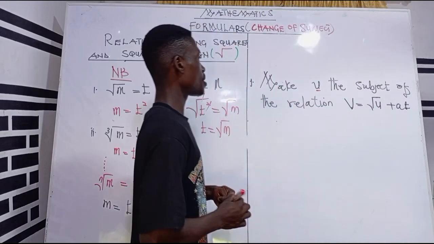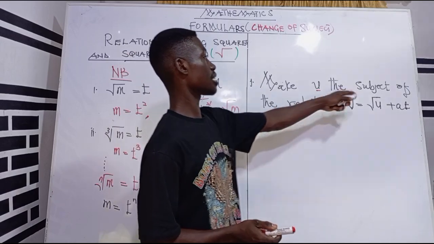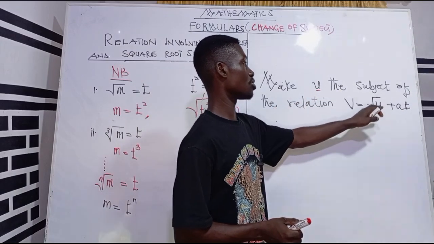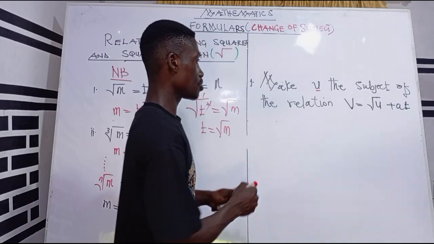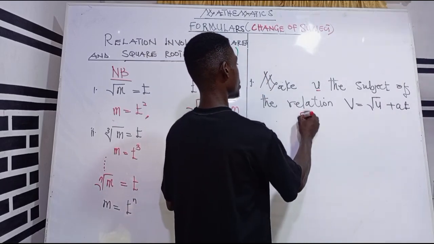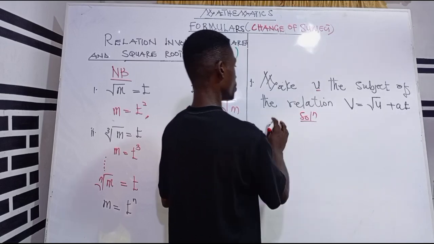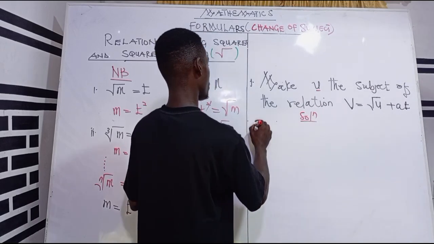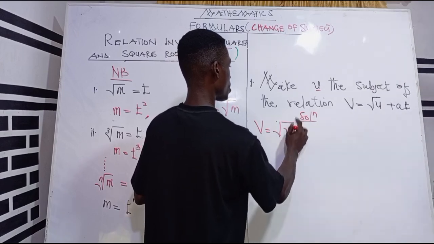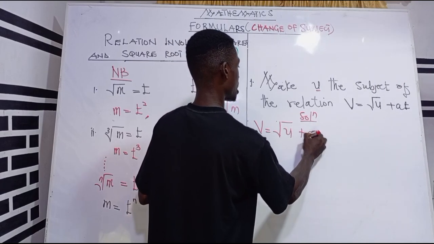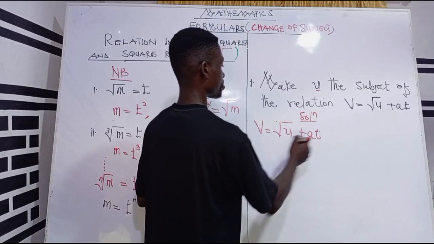We have to make u the subject of the relation v is equal to root of u plus 80. So let's write the question here. We have v is equal to square root of u plus 80.